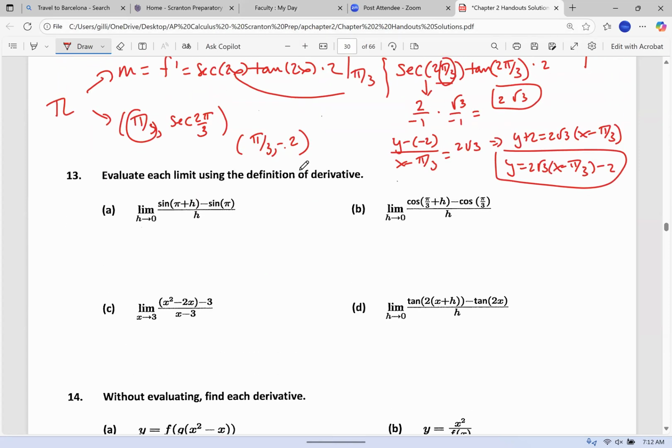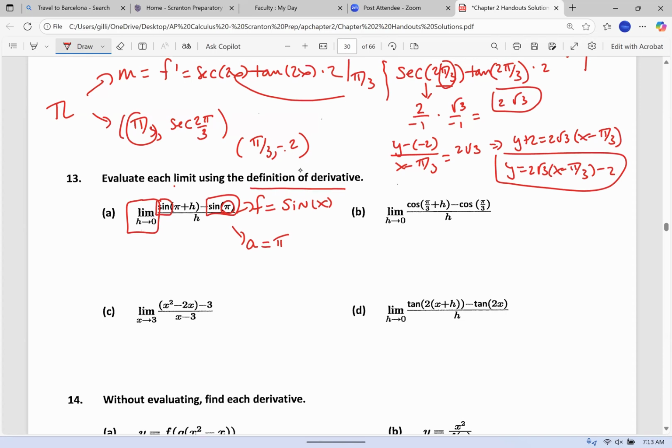And number 13, now we got to evaluate the limit now that we know our derivatives. So I got to recognize this is the definition of derivative. It's the limit as h goes to 0. And I need the function, and I need the a value. The function is the sine function, it's right here, evaluated at pi.